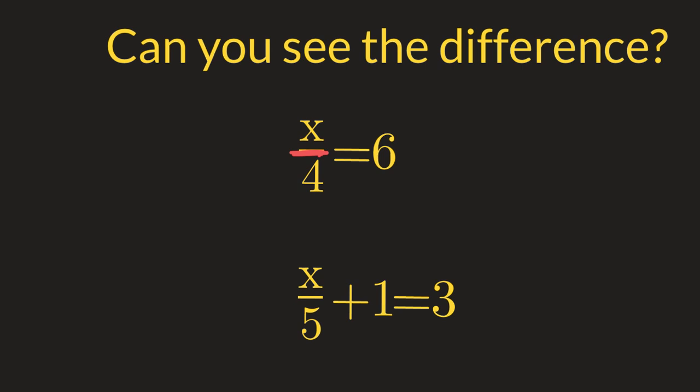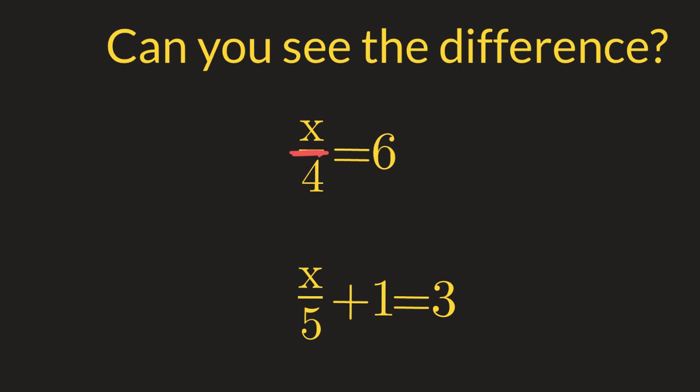Division. So when we look at this equation we see x divided by 4 equals 6. That x has a positive 1 in front of it, correct? Okay. What's the only thing you would need to get rid of to get the x by itself? The 4. And how would you get rid of it? Exactly. You would multiply it. So you'd multiply both sides by 4, one step, and we're done.